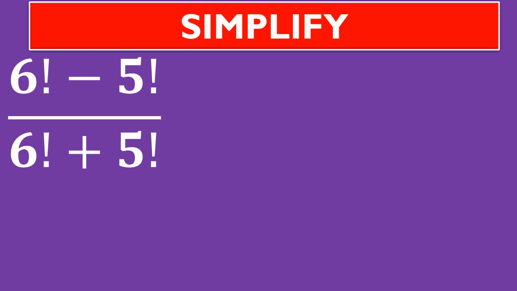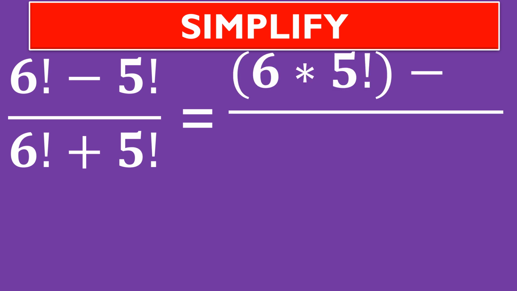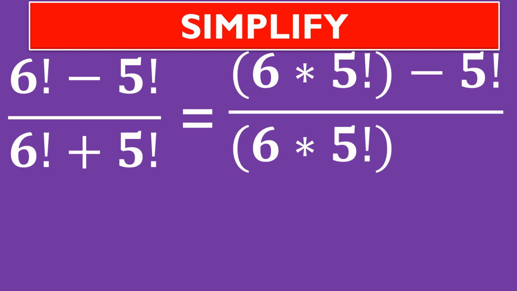So we will be substituting both at the top and the base, that is at the numerator and denominator respectively, as we can see. So substituting for 6 factorial at the top and the base is as shown above. So instead of 6 factorial at the top, we now have 6 times 5 factorial. And instead of 6 factorial at the base, we now have 6 times 5 factorial.